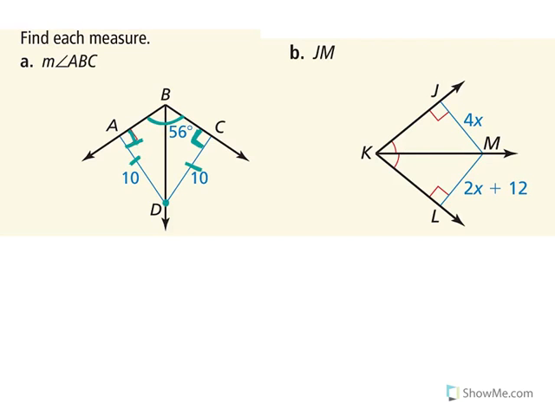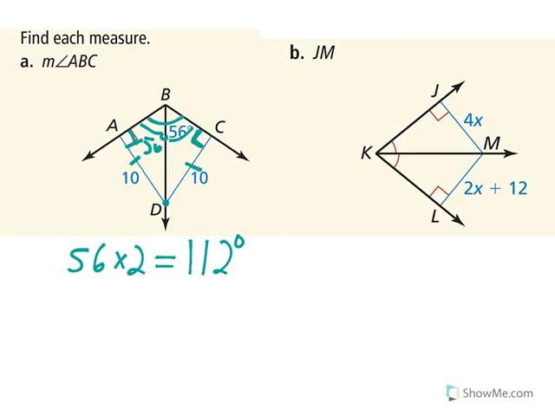So if it's the same on both sides, based on our converse, we know that it has to be on the bisector of the angle. If it's on the bisector, that means these two angles have to be the same on both sides. So if that one's 56, this one would also be 56. If I add them together, it gives me ABC, which is 56 times 2, giving me a total of 112 degrees.